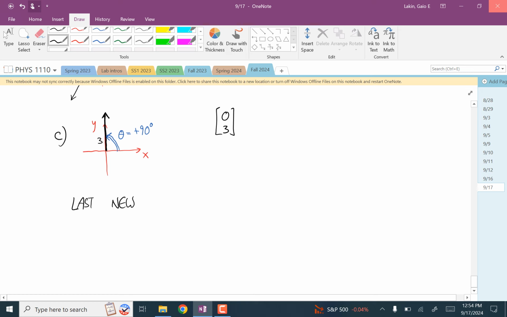So here's sort of like the last new thing about vector components. And that's rotated coordinate systems.